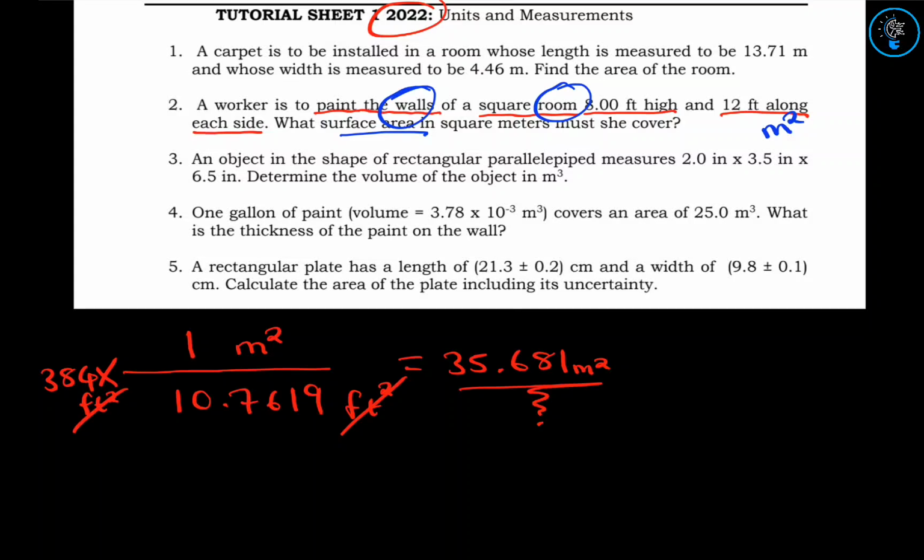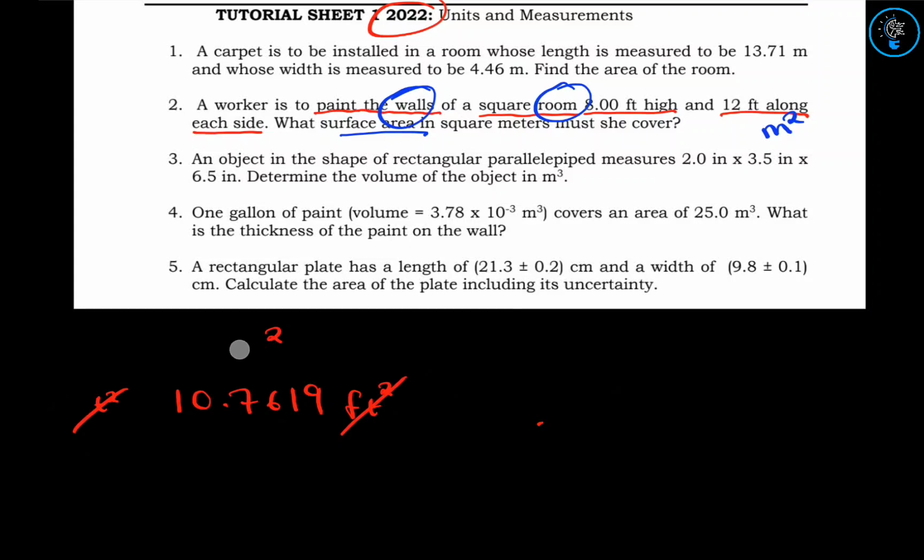Okay, let's now handle question 3. For question 3, we are told an object in the shape of a rectangular parallelepiped measures these particular units.